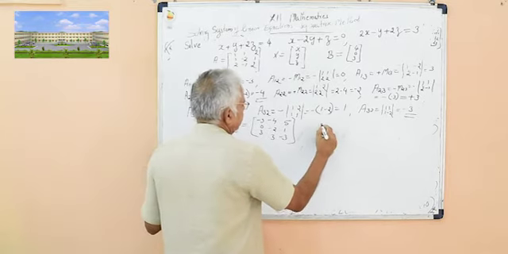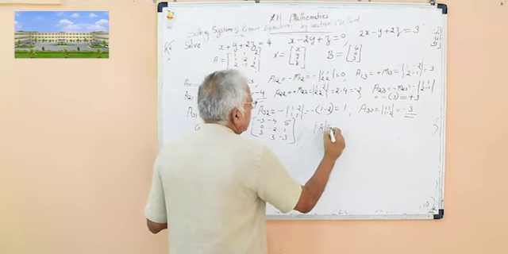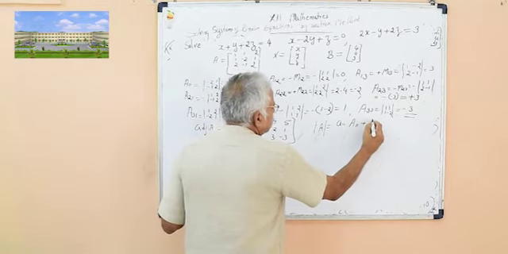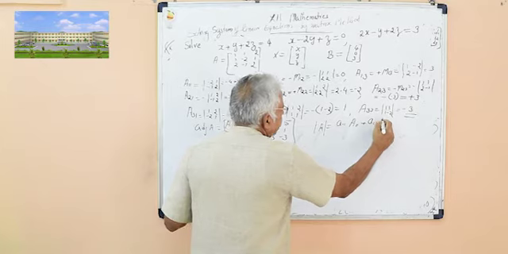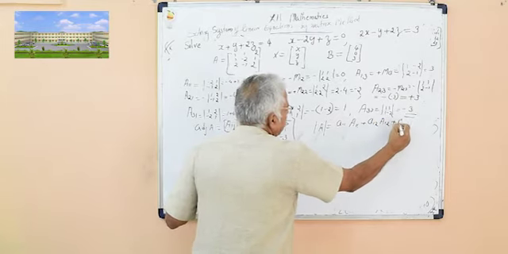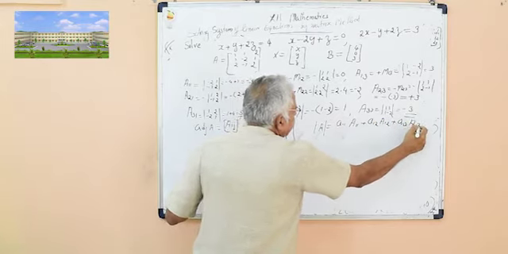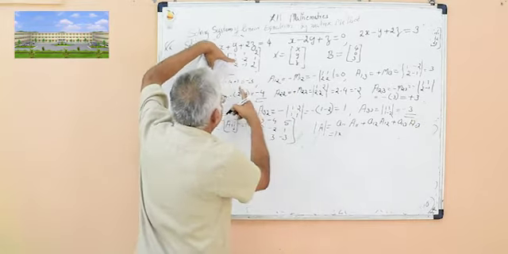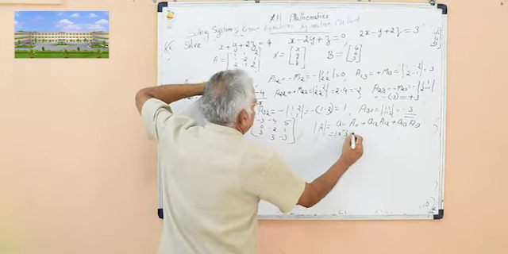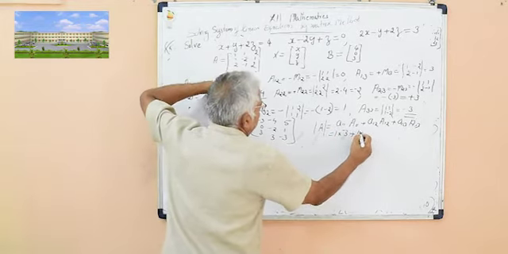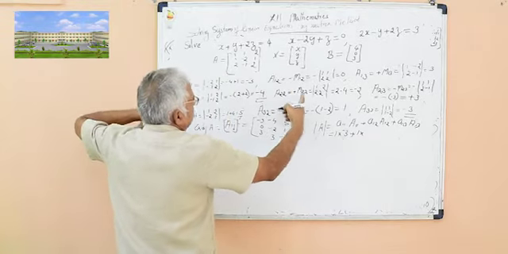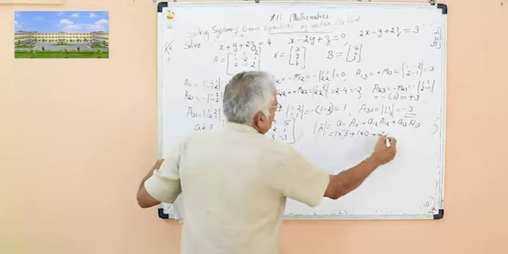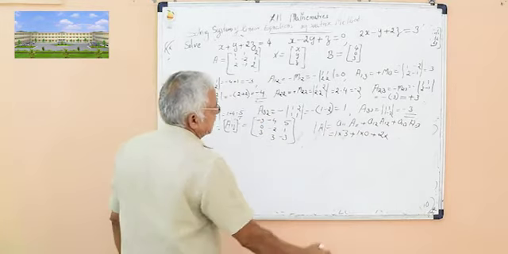Determinant of A is equal to A11 into cofactor 11 plus A12 into cofactor A12 plus A13 into cofactor A13. First row elements: 1 into A11 minus 3, plus 1 into cofactor A12, 0, plus first row third element 2 into cofactor of A13, 3.